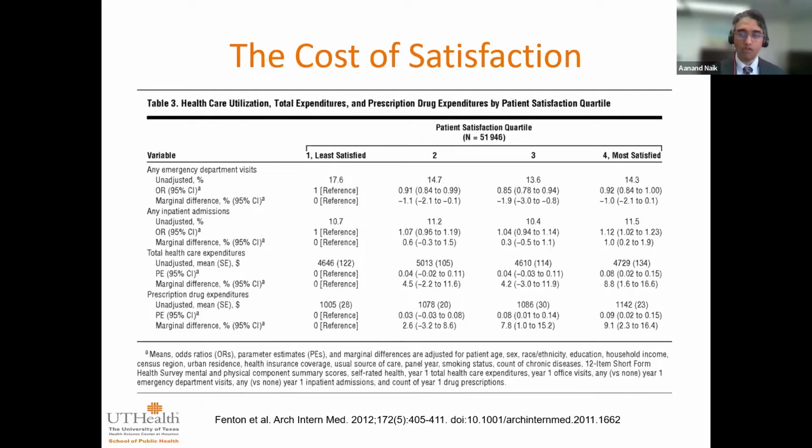You had about 1 to 2% higher inpatient admissions, and maybe you had a decrease of 1% of ED visits, but even that crossed zero, so it was non-significant. So if anything, higher satisfaction versus less satisfaction was predicting more drug use, more healthcare expenditures, and more inpatient admissions.